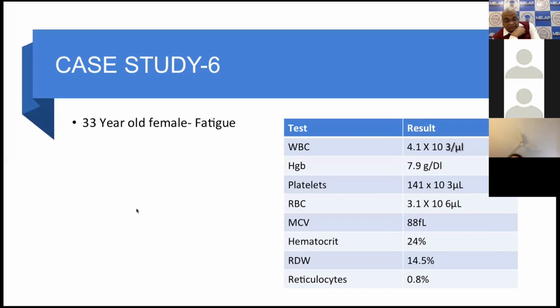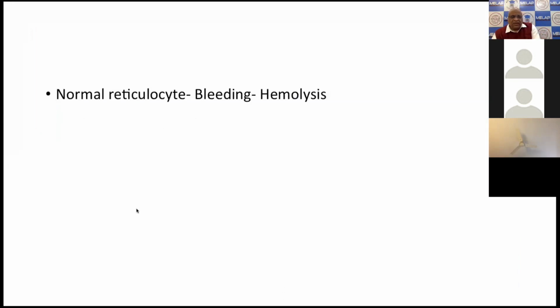One female with fatigue, hemoglobin low, TLC on the lower side of normal, platelets slightly low. In this, the reticulocyte count is 0.8%. And for the normal reticulocyte percentage, generally we take 0.5 to 2%. They thought this is a normal reticulocyte count and probably some hemolysis, or we have to look for bleeding.